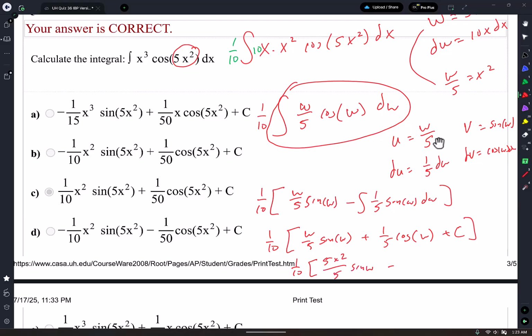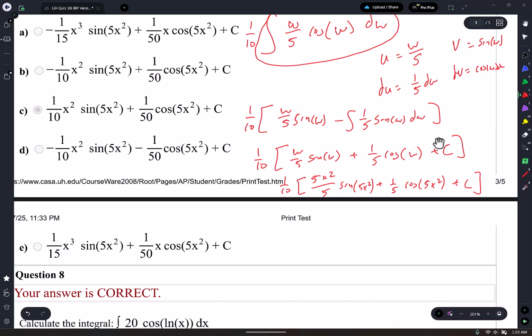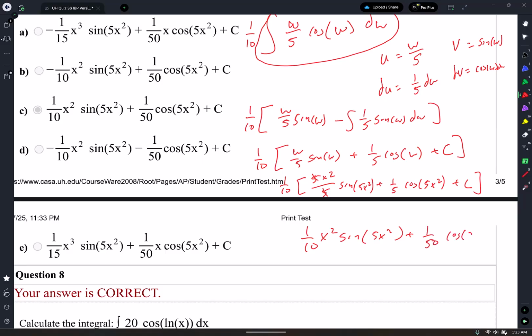We'll cancel it right now. Plus 1/5 cosine, and remember w was 5x squared, so there it is, 5x squared and 5x squared plus c. Distribute the 1/10, and the 5's cancel out, and you're going to get 1/10 x squared sine 5x squared plus, and distributing the 1/10 again, 1/50 cosine of 5x squared plus c.